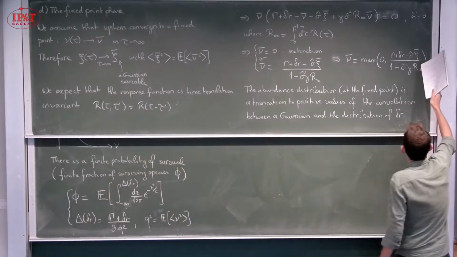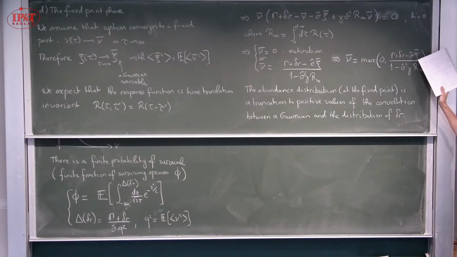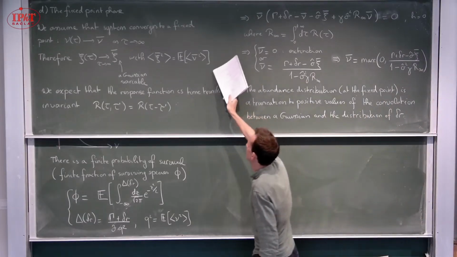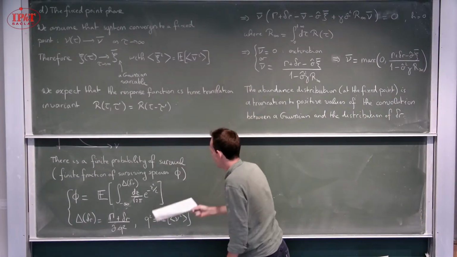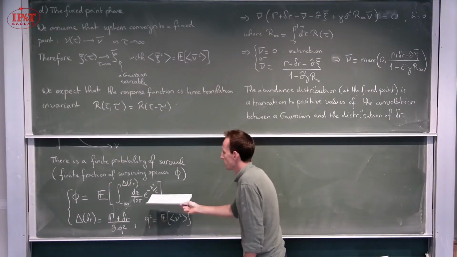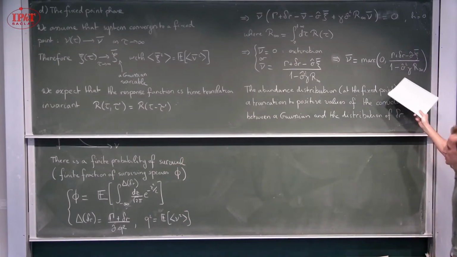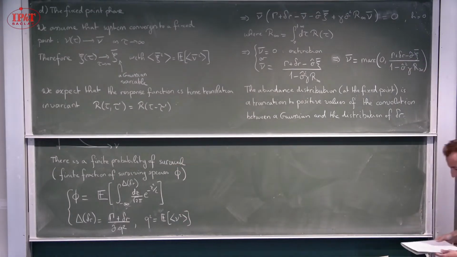And so if you write psi bar as being just a normalized Gaussian with variance 1 times the variance of psi bar, which we said is the variance of mu squared, which I'm going to call q squared, then you can write explicitly the fraction of surviving species as the probability that this combination is positive.